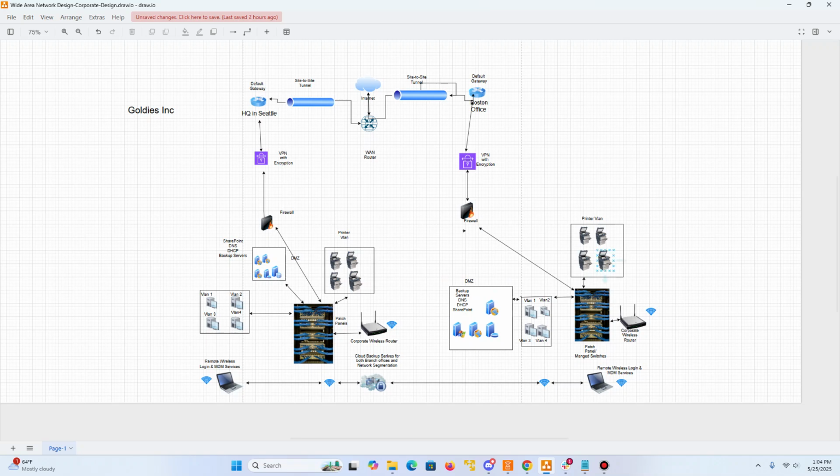We also have our own separate printer VLAN. So Suzanne, who is in VLAN 2, will scan her documents and receipts or whatever she needs, and it will be stored on her network drive in VLAN 2 and also backed up in the demilitarized zone on the backup server.